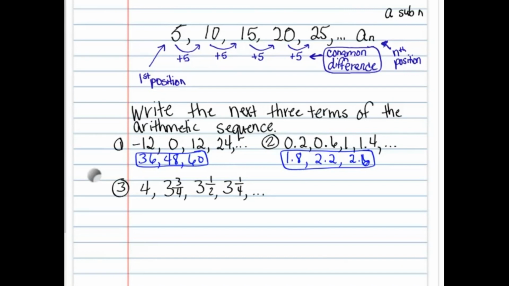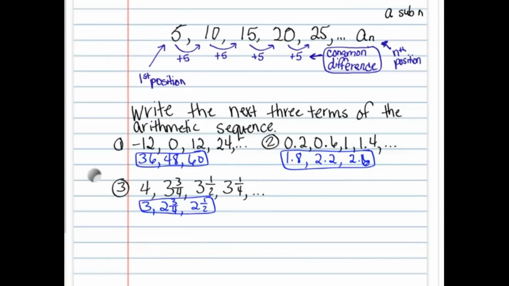Okay, the next 3 terms. What's the next number? 3, very good. What's next? 2 3/4, very good. And the last term? 2 1/2, very good, guys. Okay. So I'm so glad you understand how to find the next 3 terms.